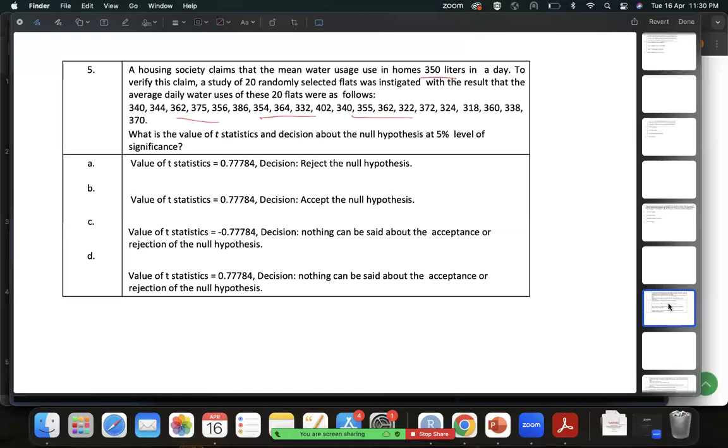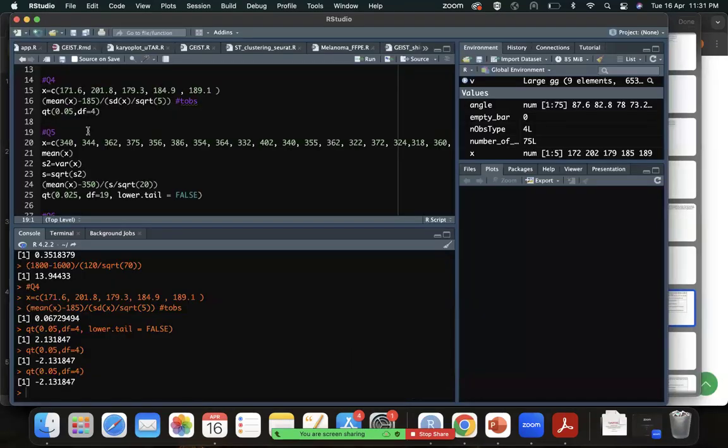What is the T statistic and decision about the null hypothesis at 5% level of significance? So here n is equal to 20. Your X bar you have to calculate with R, and your mu is 350 liters.